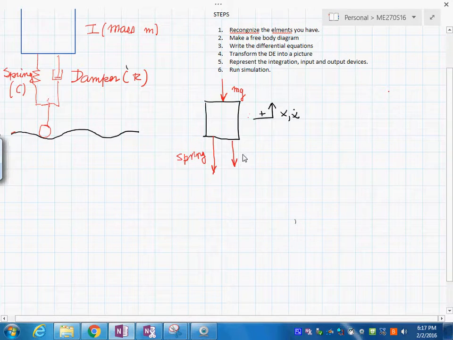So this is for the damper. The force of this is minus b times x dot, and this other one is minus k times x, negative because it opposes the motion.